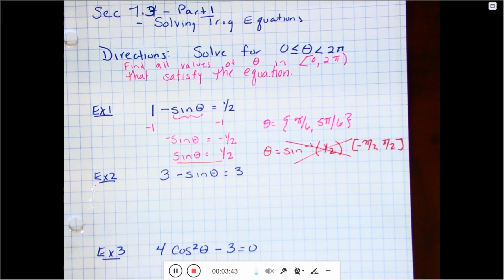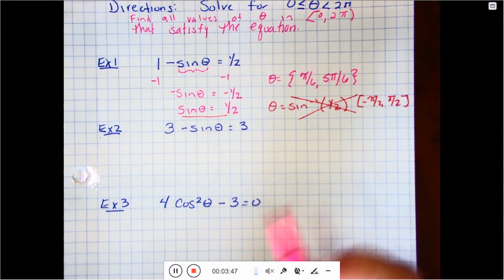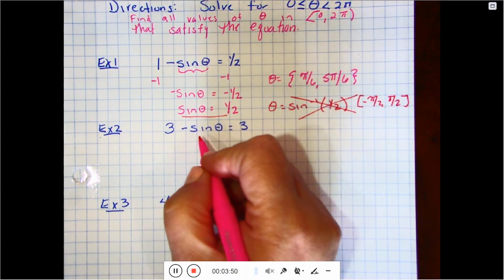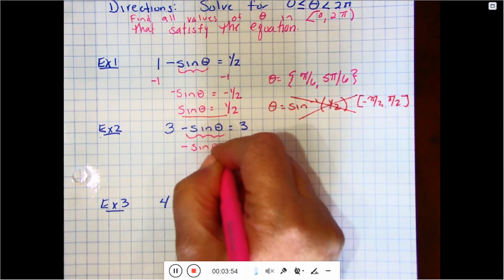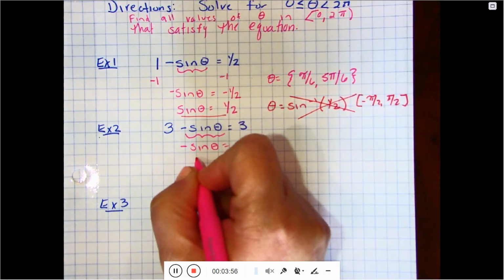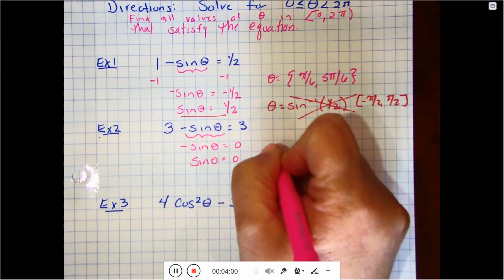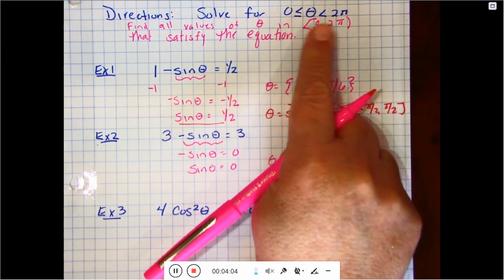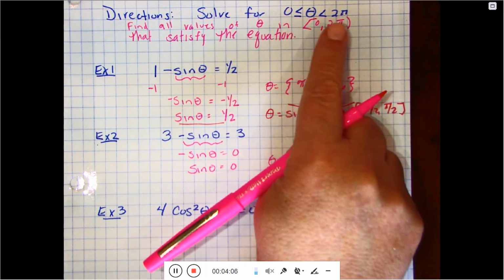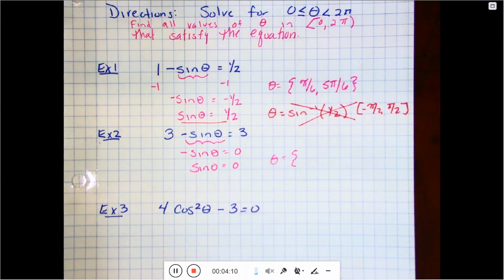Okay, so next problem. Again, isolate your trig function. So I'm going to subtract the 3 from both sides to get 0. Divide both sides by negative 1, I get the sine of theta is 0. So I'm looking for all the values between 0 and 2 pi, including 0 but not including 2 pi, where the sine is 0.